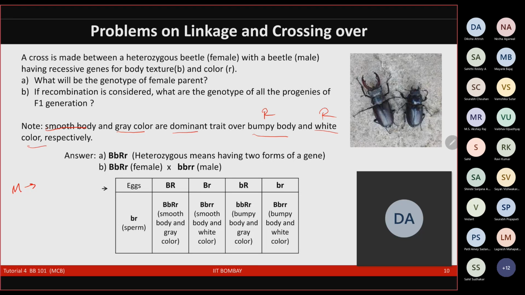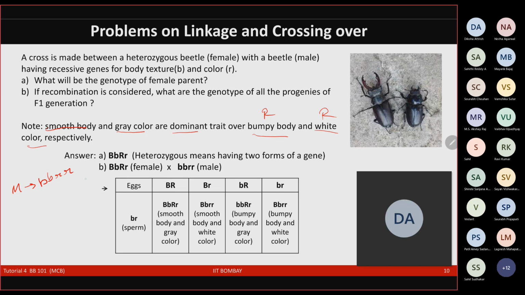The male beetle has recessive genes for body texture and color. So since the male is homozygous recessive, its genotype is going to be small b, small b, small r, small r.